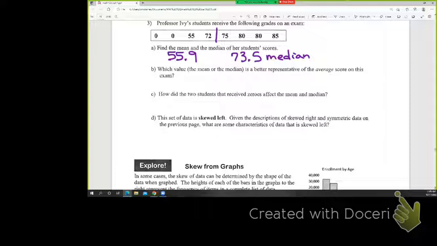So now, which one do you think is a better representation of the average score for people who actually took the test?